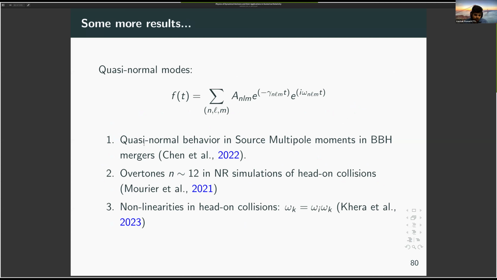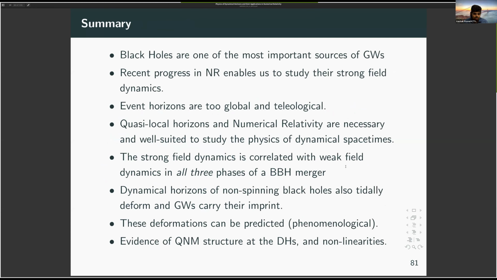For example, quasi-normal behavior in head-on collisions has also been found with overtones, and also certain nonlinearities in head-on collisions have been found at the horizons quite recently. So there is a lot of interesting physics that one could extract using dynamical horizons.